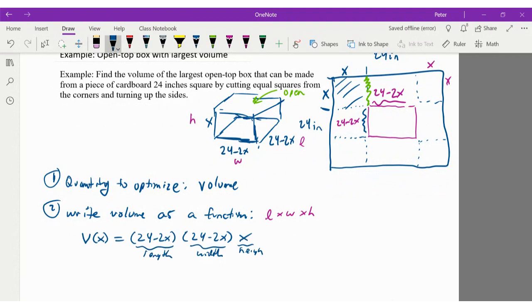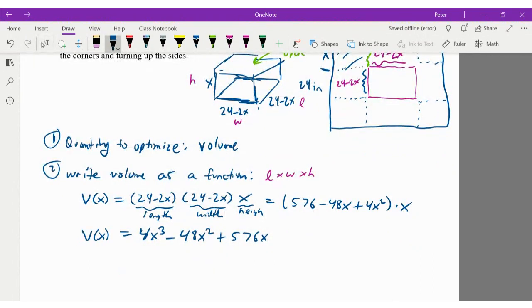So that's going to come out to, I multiply everything out, 576 minus 48x plus 4x squared times x, which if I rearrange everything a bit comes out to 4x cubed minus 48x squared plus 576x. Okay, so that's the objective function.